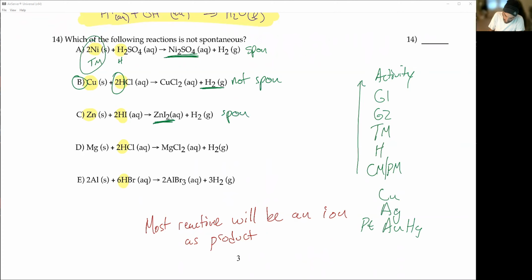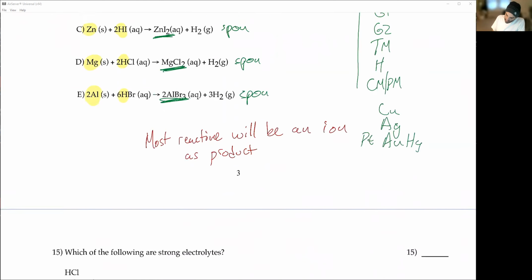Next one, magnesium, group 2. It should be the ion, it is spontaneous then. And then finally, aluminum, not really a transition metal, but a group 3 metal. It's not group 2, it's somewhere in the other metals. It is the ion, therefore it is spontaneous. And that's pretty much all we do. We want the more reactive metal to be the ion on the other side of the reaction. So the answer to this is B.